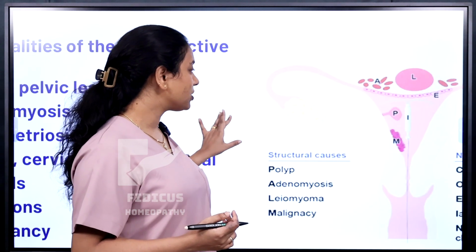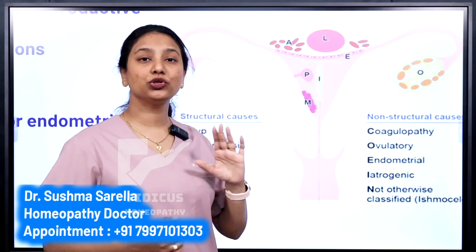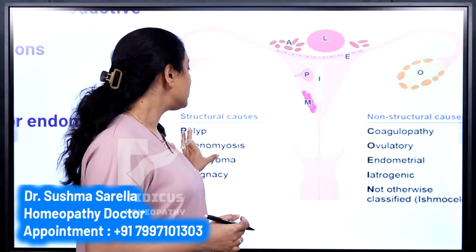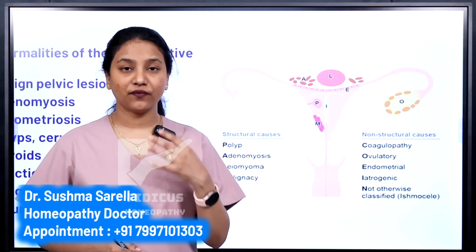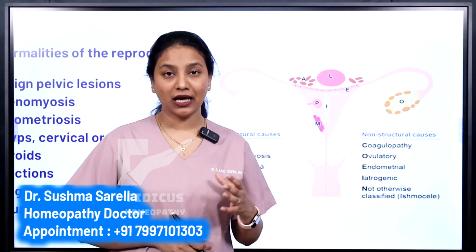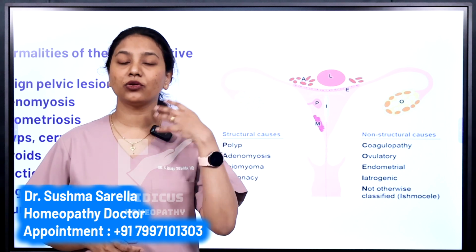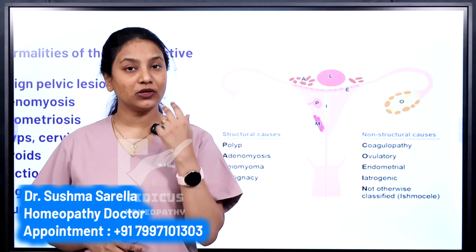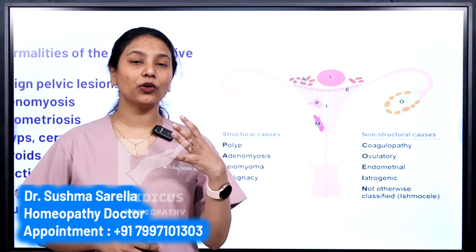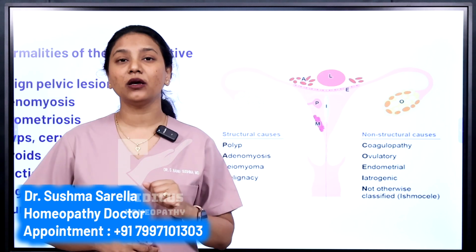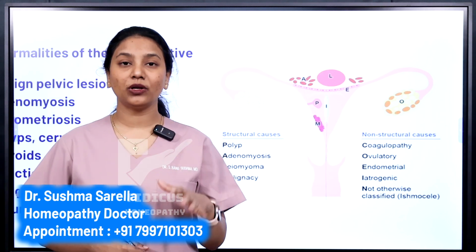As you can see in the picture, the causes can be divided into two types: structural causes and non-structural causes. For the structural causes, if you're a medical aspirant, or a doctor in your first or second year trying to learn different diseases, you can remember them by the mnemonic PALM.